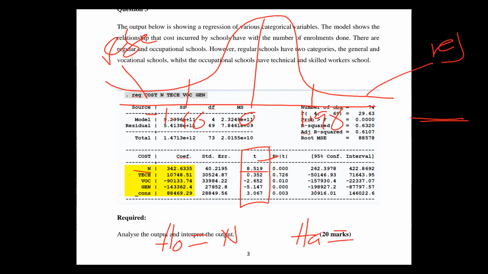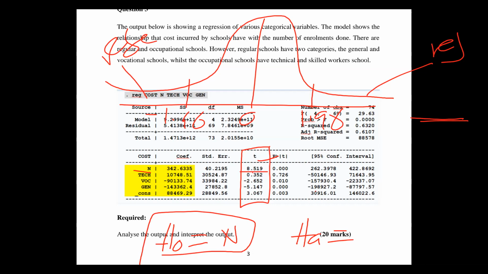Therefore, we reject it. If it has an impact, we reject the null. The null hypothesis says it does not have an impact. So once this falls in the rejection region, you reject that it does not have an impact. When you reject that it does not have an impact, it means that it has an impact, right? Sorry, Mandy.